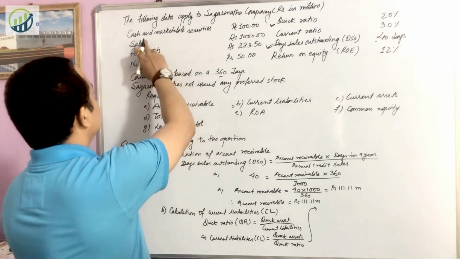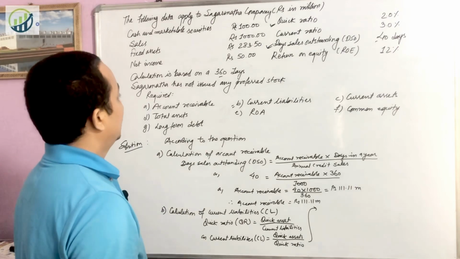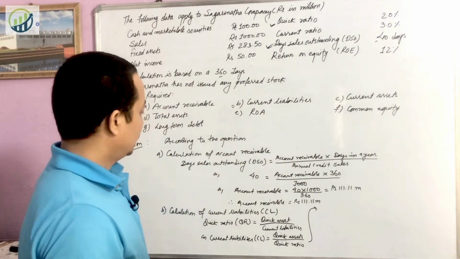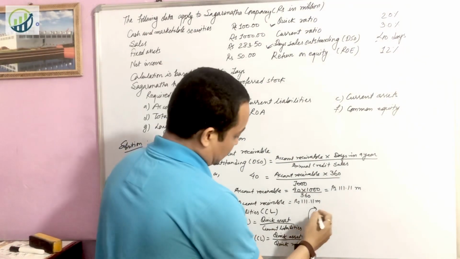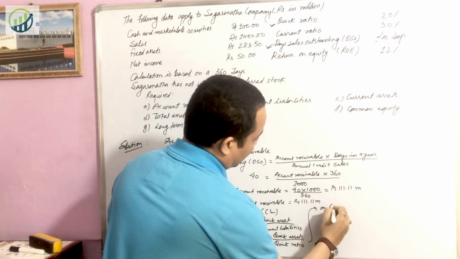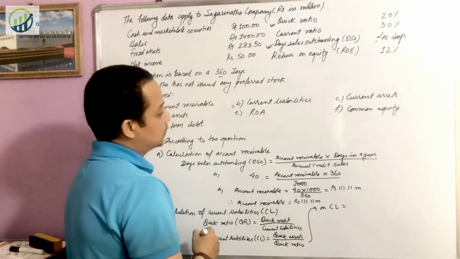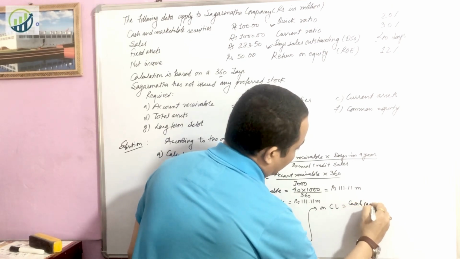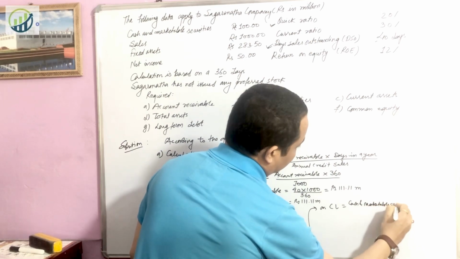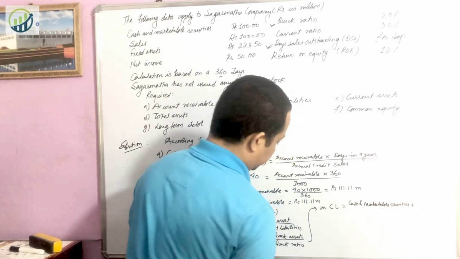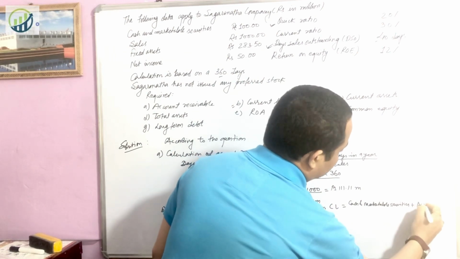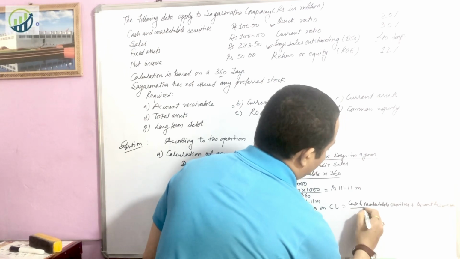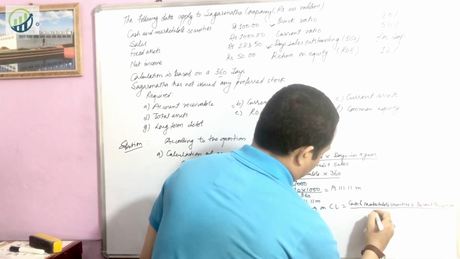Quick assets are cash and marketable securities, and another item is your accounts receivable, which you have found in A. So current liabilities equals quick assets, equal to cash and marketable securities plus accounts receivable, upon quick ratio.